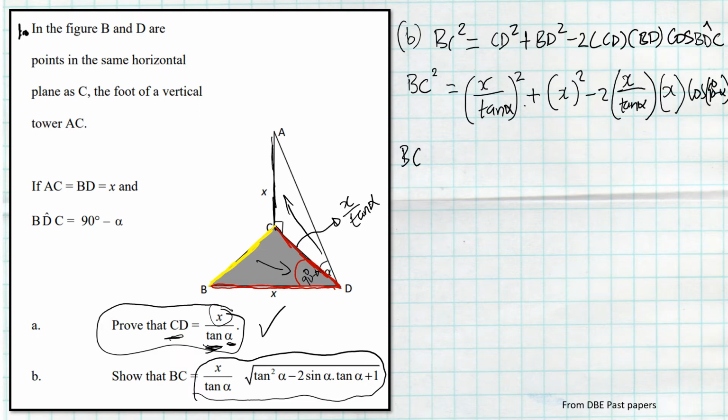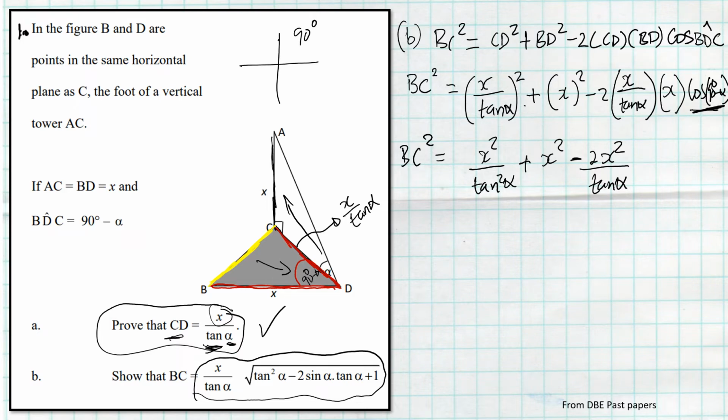We can now simplify this to X squared divided by tan squared alpha, plus X squared, minus 2X squared over tan alpha. Then what is cos of 90 degrees minus alpha?